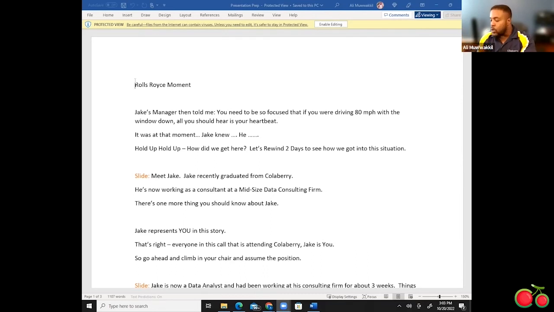It's just like going on the internet looking for a solution. It's just a little bit more complex of a solution. Now you have to take what you learned here and apply it to your project. So I came in, remember I told you I started off with the Rolls-Royce moment, and that's where I put this down right here. Then I added, it was at that moment, Jake knew, you know how it goes, right?